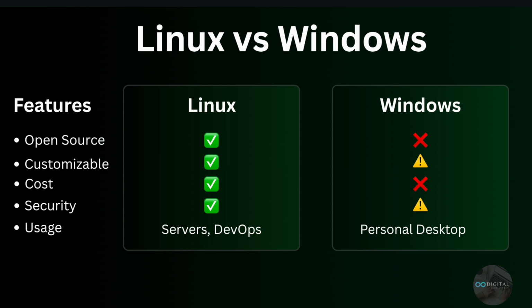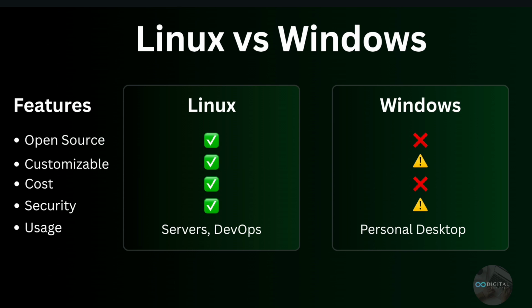So, how does Linux compare to Windows? First, Linux is open source and free, while Windows is closed source and requires a license fee. In Linux, you can customize nearly every part of the system, from how it looks to how it behaves. Windows has more restrictions.